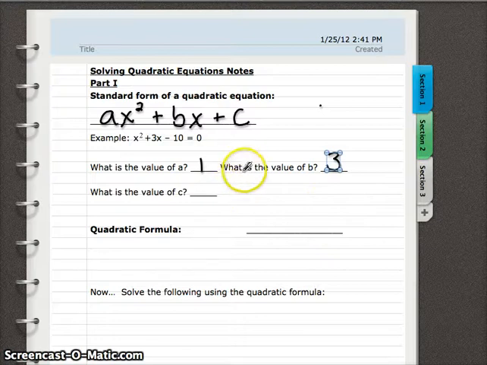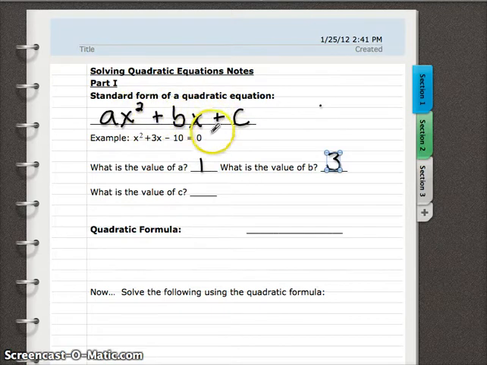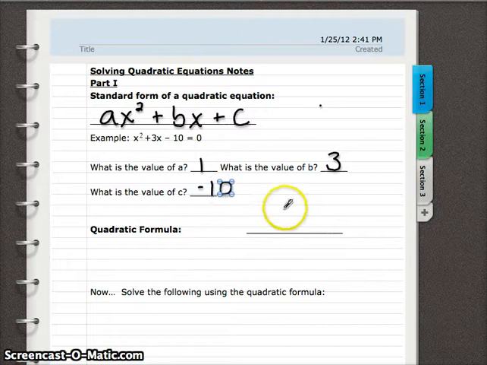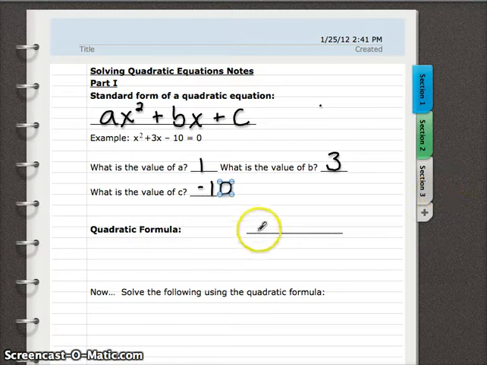And then the number on the end there is the value of C. It doesn't have any of these variables. That's just negative 10. So as long as you can always find the value of A, B, and C, you'll be able to use this quadratic formula here.